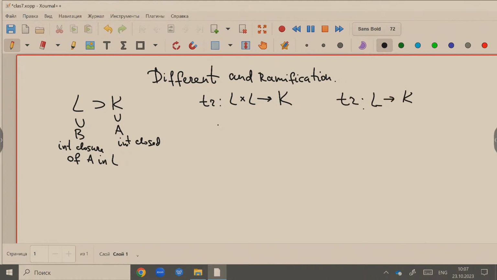That was the following: to the element a of L it associates the trace of the operator l_a. Well, l_a was the multiplication from L into L by a. Yeah?